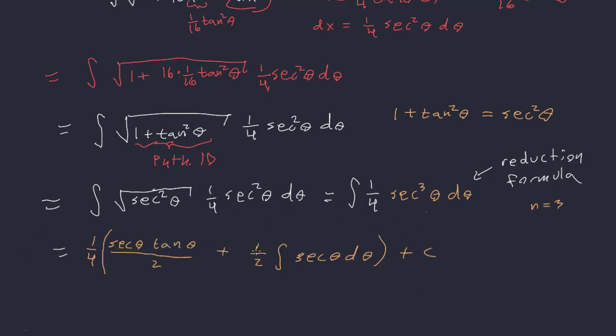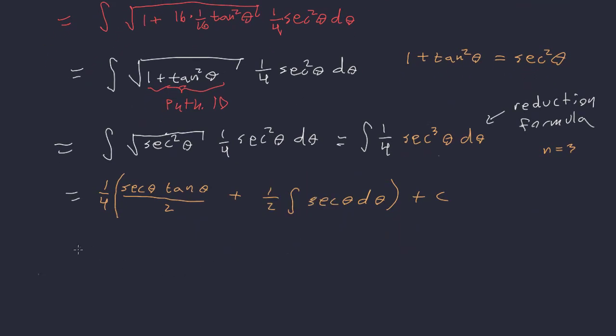Okay, so here's the application of the reduction formula. I took the 1/4 all the way out just so I could put this in here without having to deal with it at the same time. But now I'll go ahead and distribute it across. We'll get 1/8 secant theta tangent theta plus 1/8 times the integral of secant theta, which last time we established was the natural log of secant theta plus tangent theta.